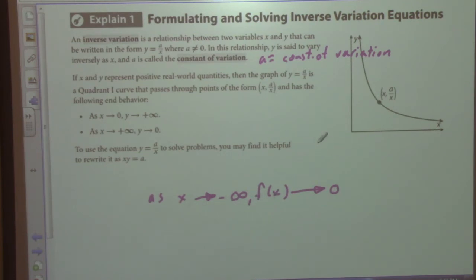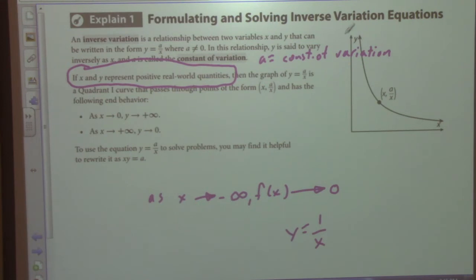But if you had, what happens is, when you look at x and y representing real world quantities, that means you're restricted only to quadrant 1. If you had y equals 1 over x unrestricted, then this would be true.